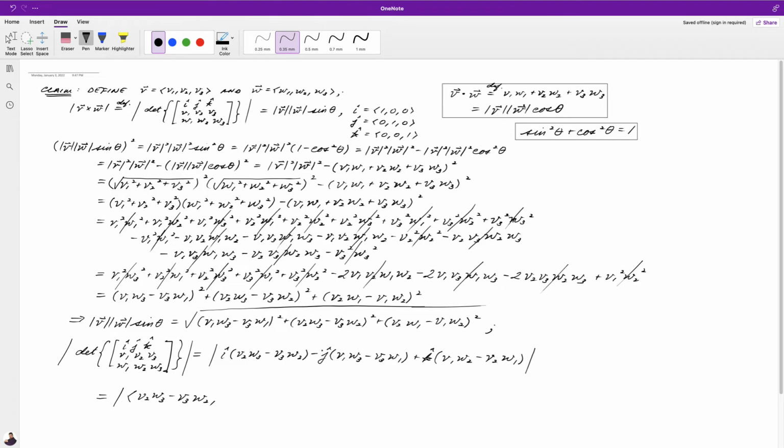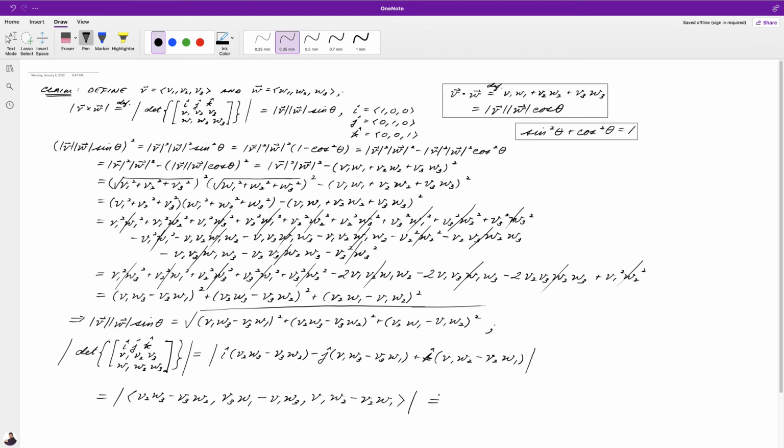The j component, got to distribute this negative sign, is going to be V3W1 minus V1W3. And then the z component is V1W2 minus V2W1. The magnitude of that.